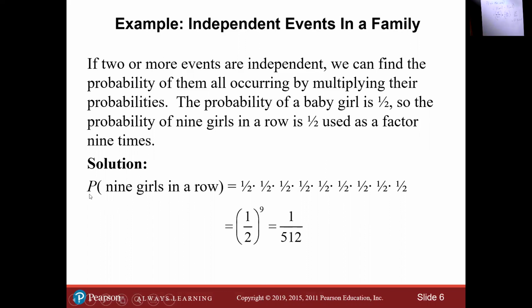So if we want to know the probability of someone having 9 girls in a row, it's 1/2 raised to the 9th, which is 1 over 512, which is about 0.2%. That is very unlikely, but that makes sense. The odds of someone having 9 children is pretty small. 9 girls in a row is very rare.